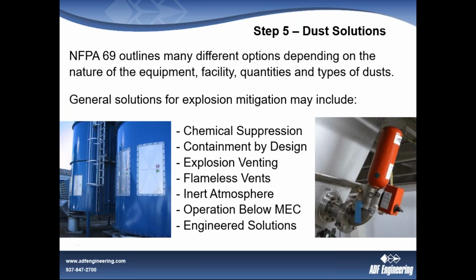How many suppression bottles do we need? Once you're at the point where you've determined that chemical suppression, chemical isolation is necessary, that's when we need to engage some of these vendors that deal with these things.